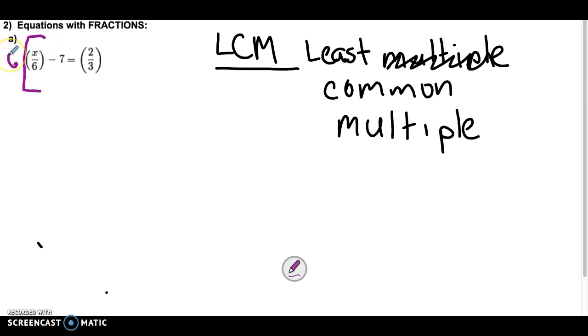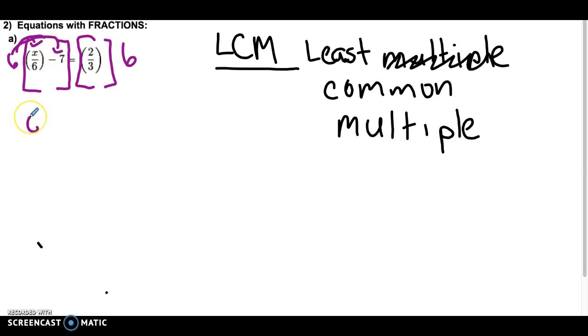So I always put my parentheses or brackets around each side before I multiply because I have to multiply everything on both sides by 6.